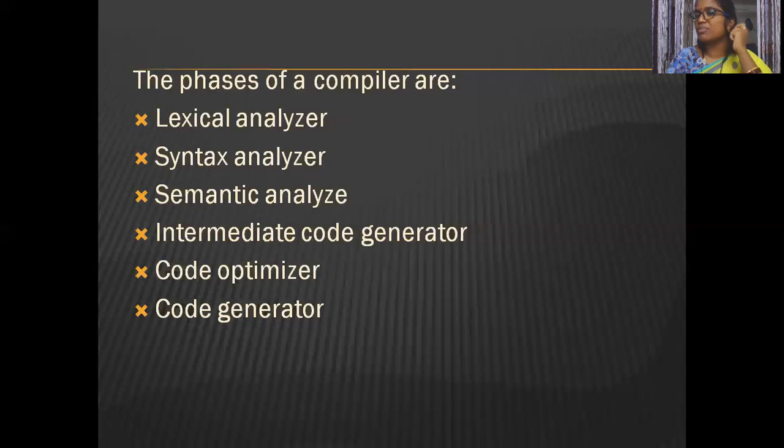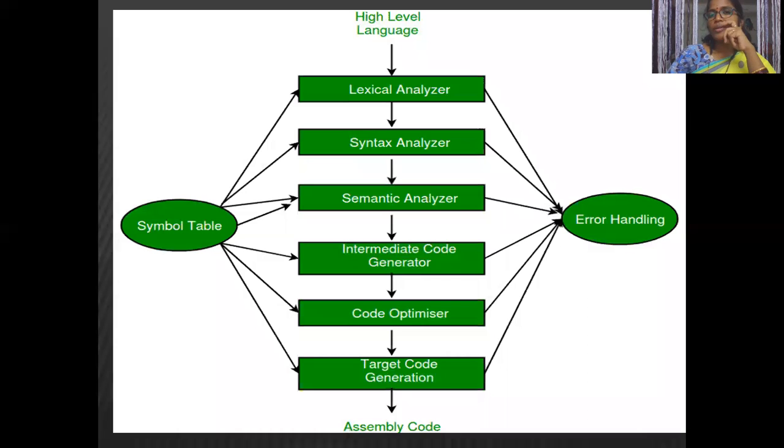We have seen in the previous video lesson Alt F9 and Control F9: Alt F9 to compile our program, and Control F9 for execution of our program. When you compile, the compilation moves through all these phases. So this will be the figure. You can see here from the high level language instruction to assembly code, which will be the executable code.